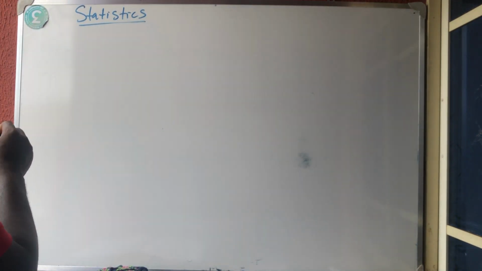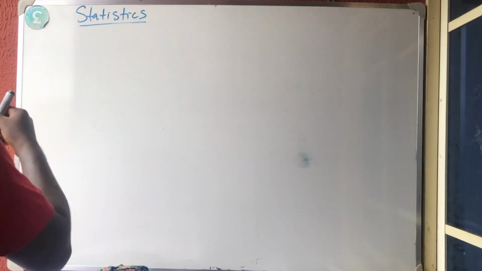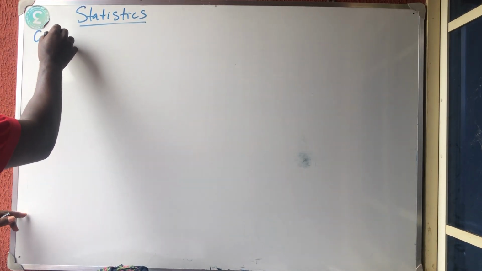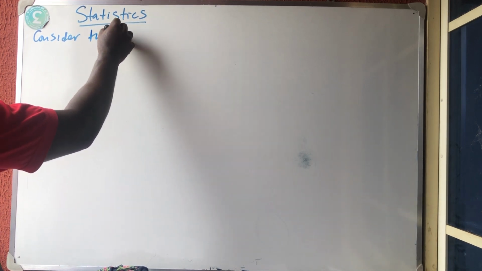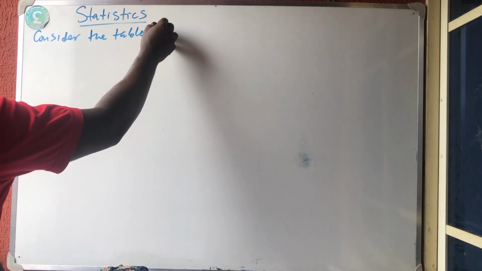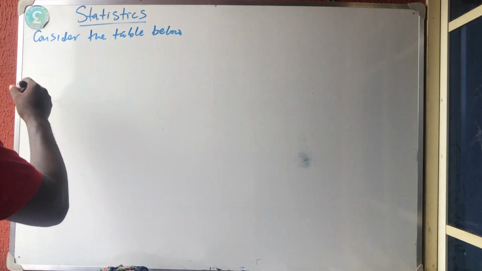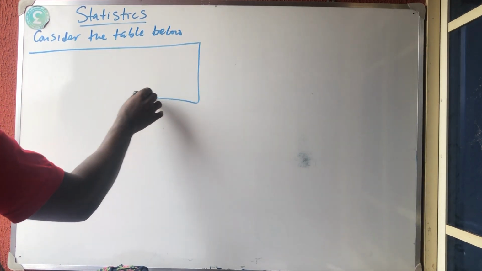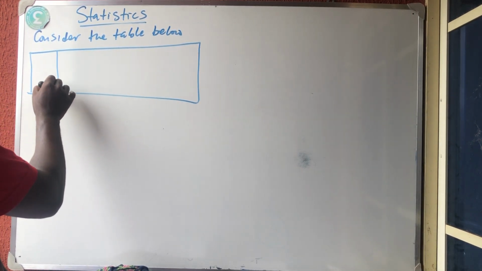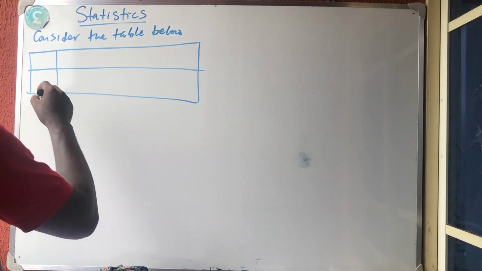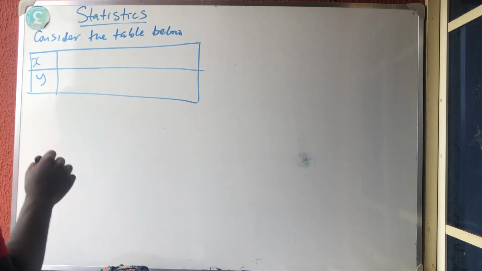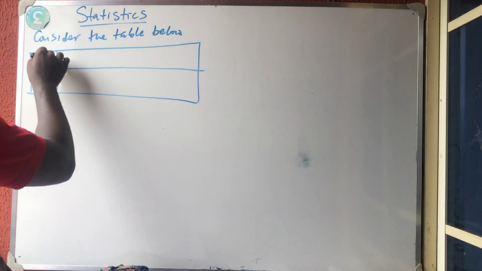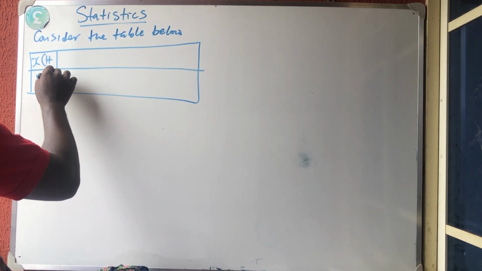Okay. So the first question, they say consider the table below. And the table they gave us is x in height and y in weight. Please put the height and this is the weight.